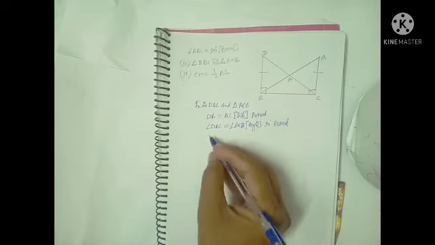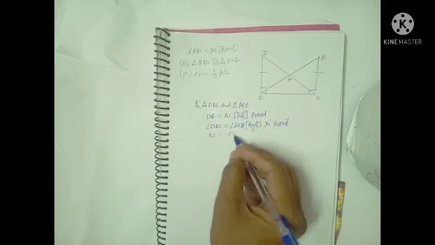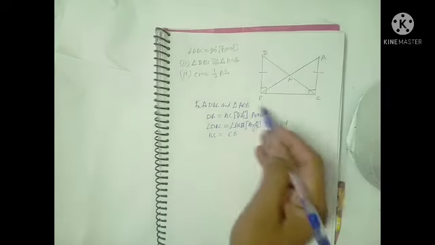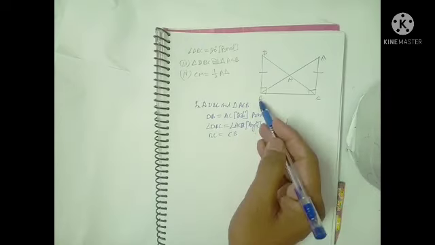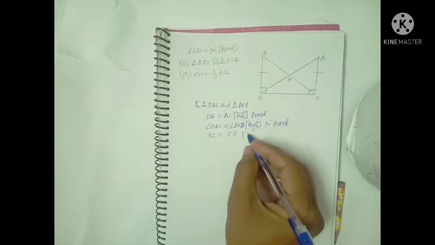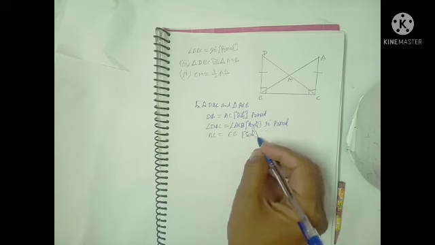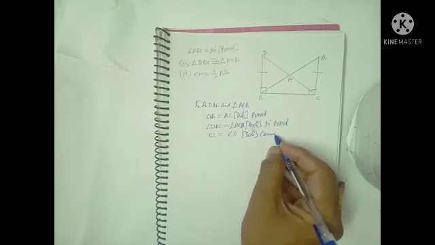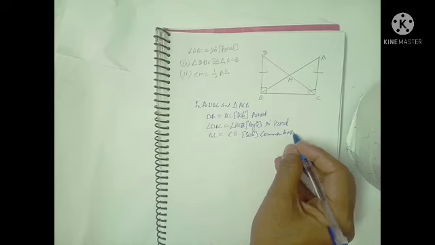Then BC is equal to CB. BC is the base for this triangle and CB is the base for ACB. So BC is equal to CB. This is side, and the reason is common base.